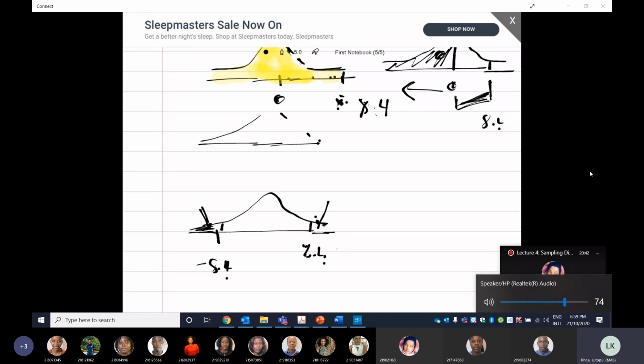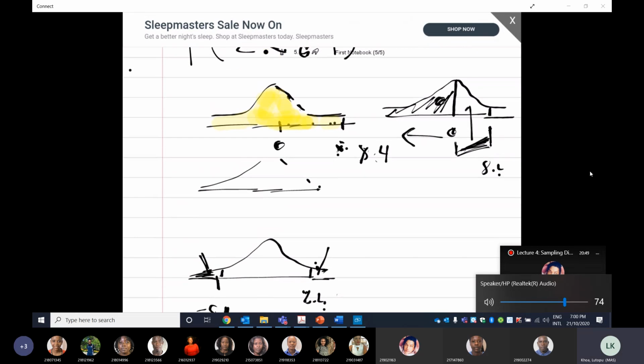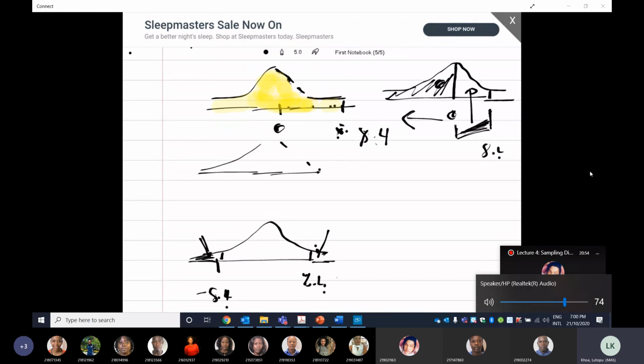So if I want to work out this area here, all I need to do is say 0.5 minus this area over here, because the right half of my normal curve is equal to 0.5.